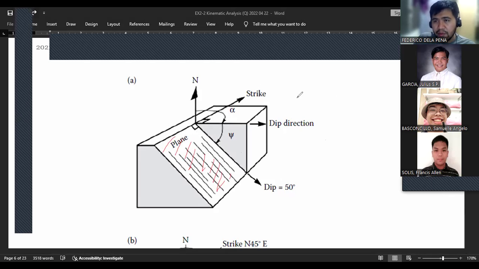But some of you may be familiar with the strike and dip notation, in which we first measure the direction of the strike relative to the north, like north 50 east or north 50 west. And then we also express the direction of the dip, like northeast or southwest. Okay.